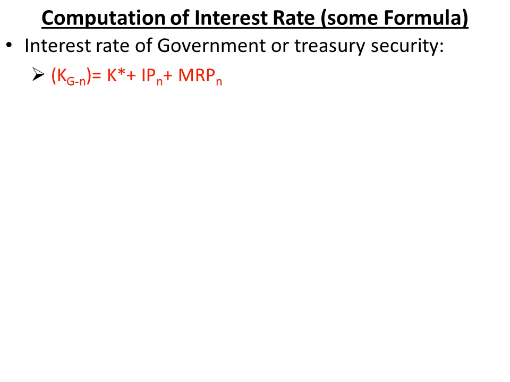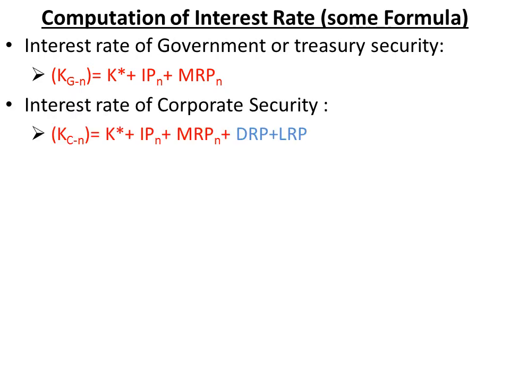KGN equals K star plus IPN. K star means the real risk rate, and IPN means inflation premium, plus MRPN, the maturity risk premium for an N period of time. This notation is important.